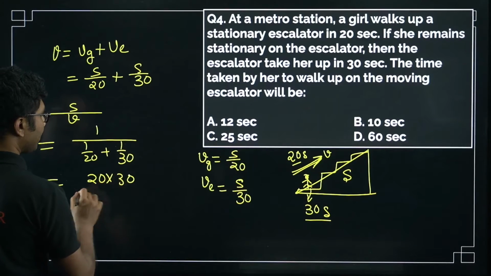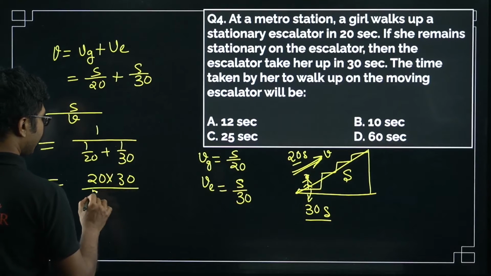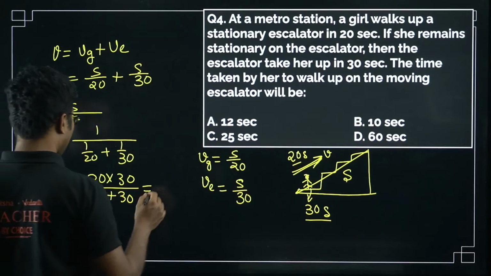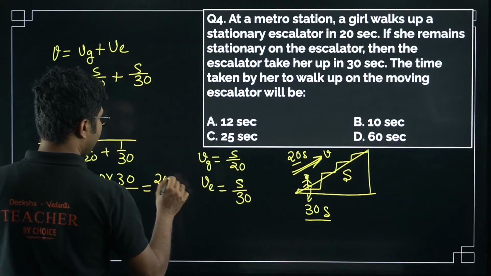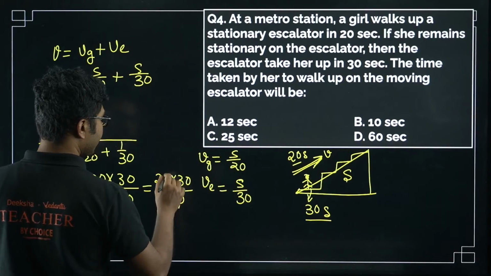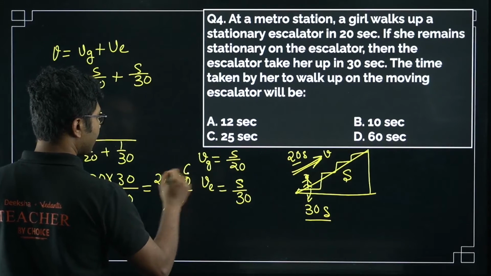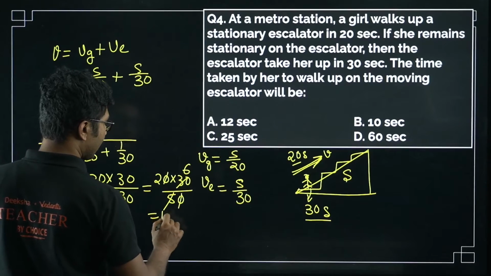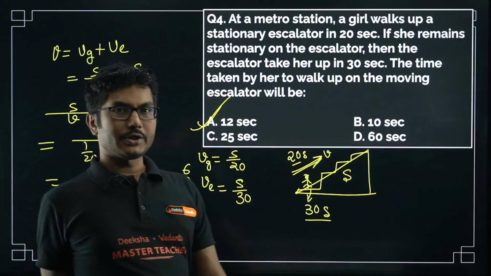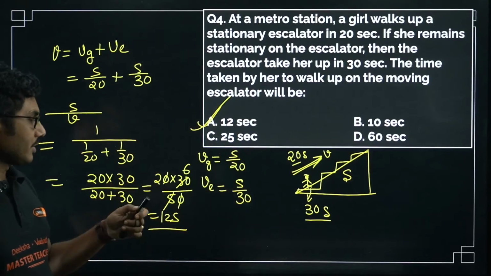You can consider them to be a parallel combination, so it is 20 into 30 divided by 20 plus 30, that is 20 into 30 divided by 50. The 0 cancels, 5 sixes are 30, so it will take 12 seconds. So this is similar to a parallel combination in such cases, and it is 12 seconds.